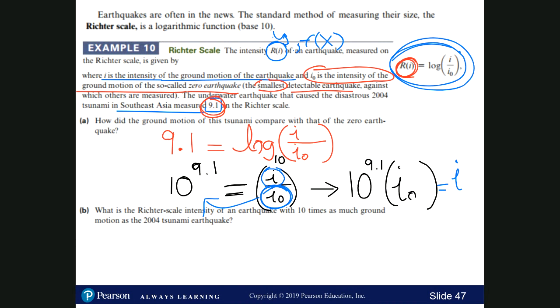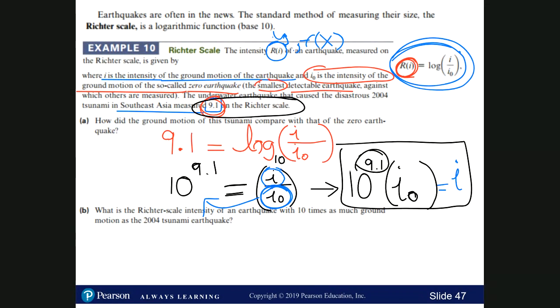And so to answer this question, the intensity of that underwater earthquake with a 9.1 on a Richter scale was 10 to the power 9.1 times more intense than the intensity of a 0 earthquake.